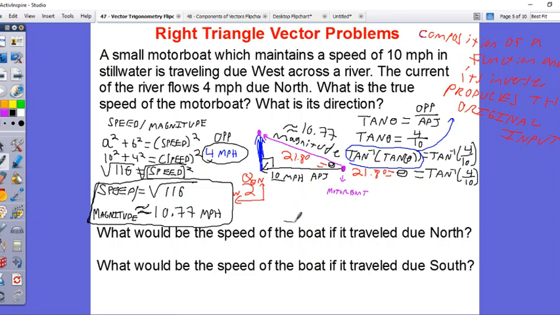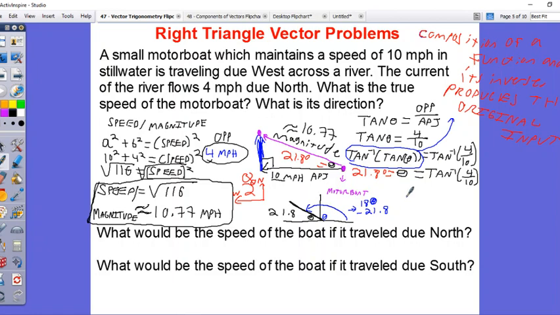So looking at the XY axis here, if this value is 21.8, our actual value of our angle is going to be this value right here. And then you can find this angle by doing 180 minus 21.8.